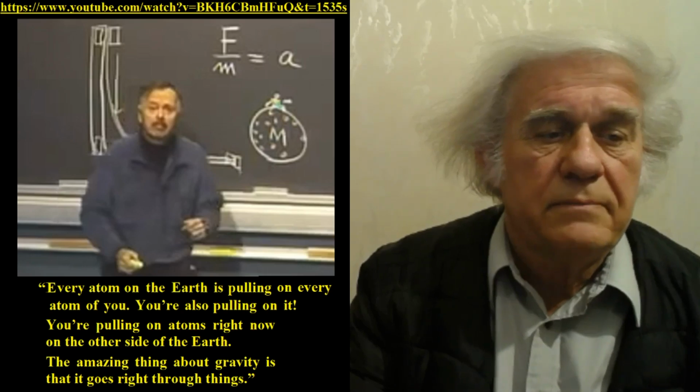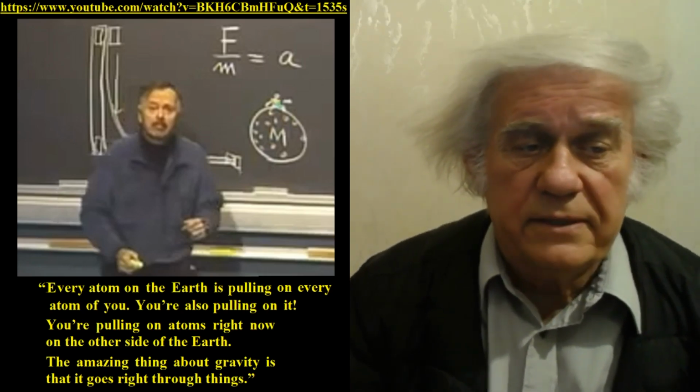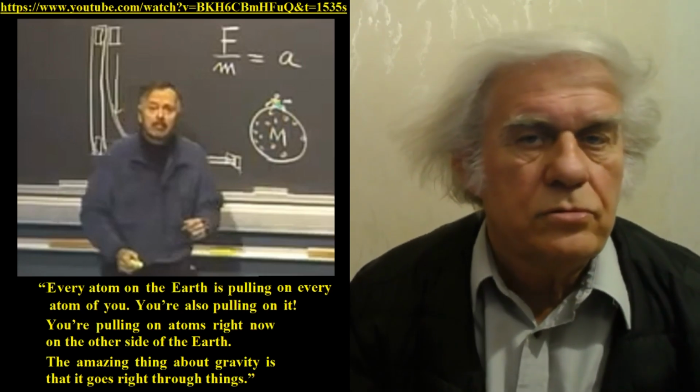No, there has to be a physical object, and Muller just told you every atom pulls on every other atom. So there's got to be something between any two atoms, and we're saying it's this rope that interconnects any two atoms. Okay, so here it is again. This is his summary. Just listen to him. He says, every atom in the Earth is pulling on every atom of you.